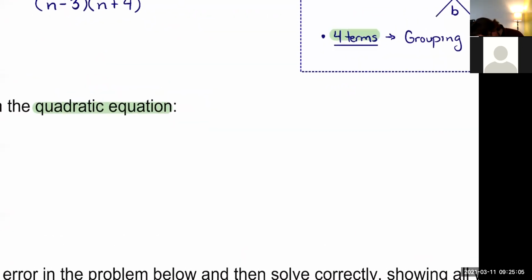But for this one, I'm going to make a little note section. Solving quadratic equations by factoring.